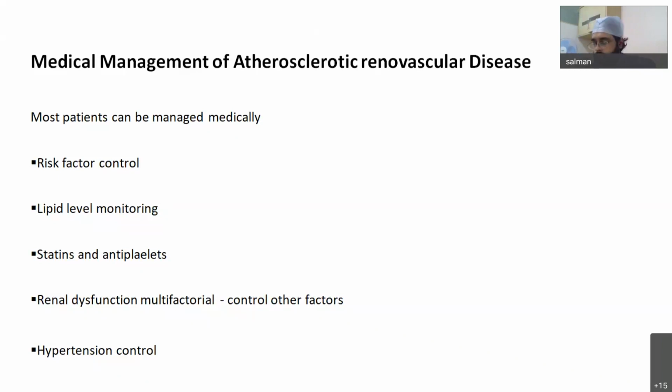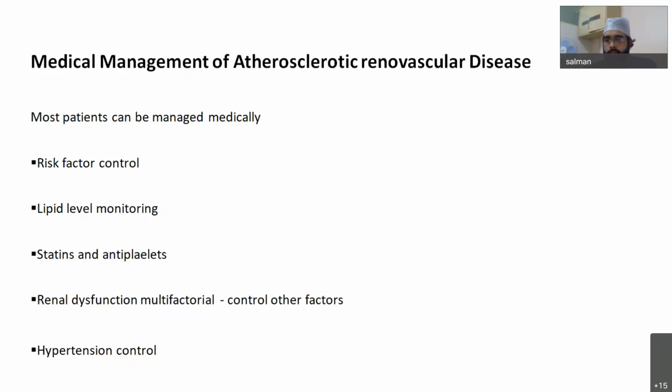And as I said, the renal dysfunction can be multifactorial, so we should rule out the other causes of renal dysfunction and control the other factors. The basic treatment after all this is hypertension control.